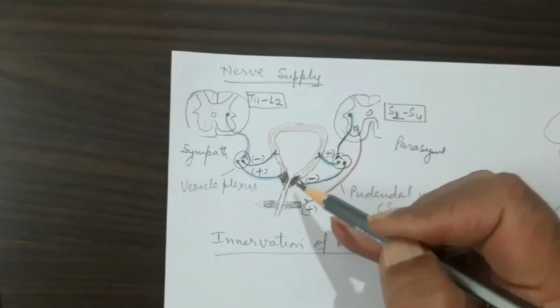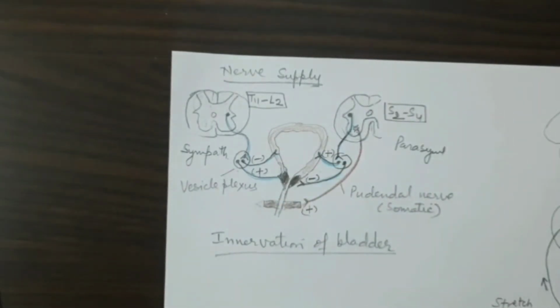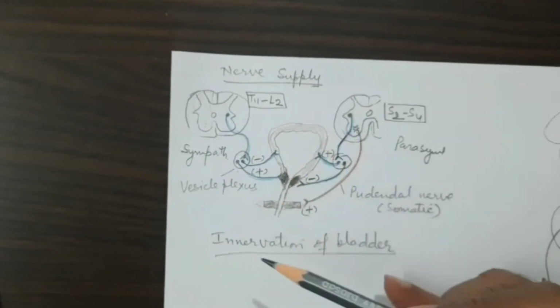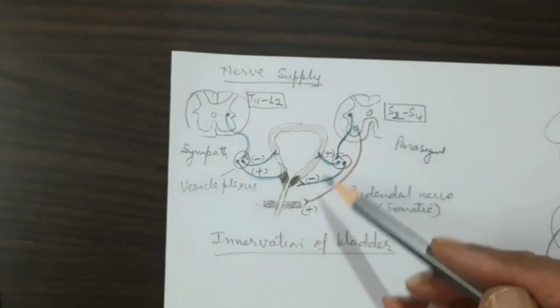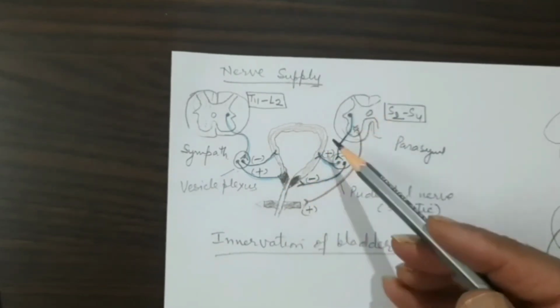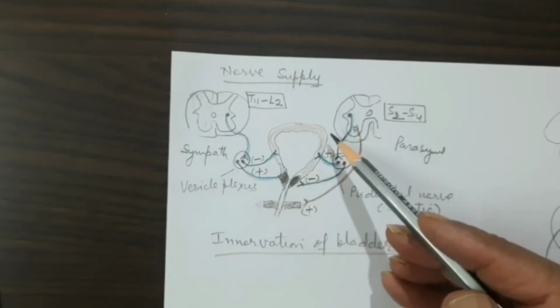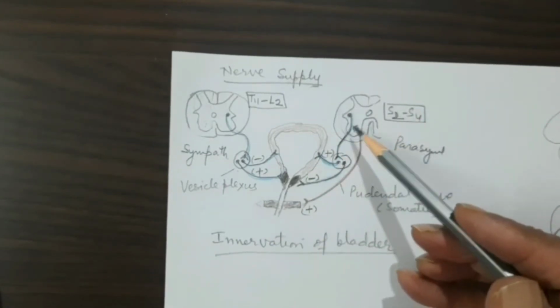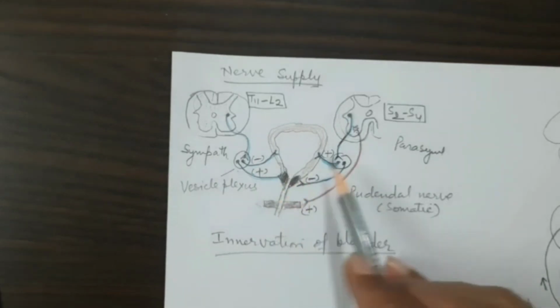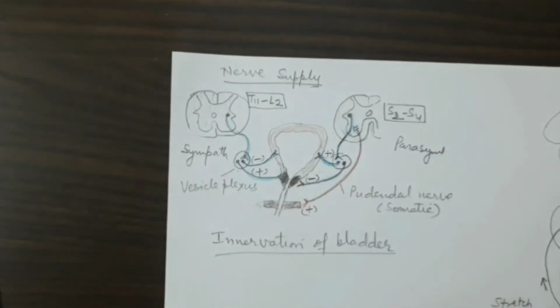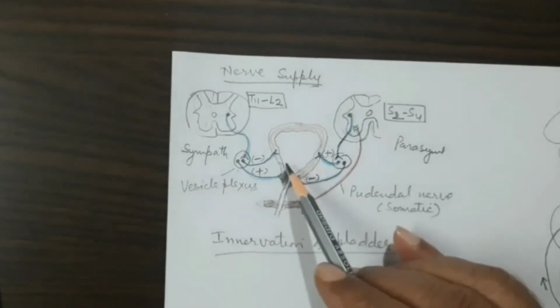So the sympathetic function is to fill the bladder, while the parasympathetic function is to evacuate it. When the bladder is full, signals from the stretch receptors in its wall go to this lower center, and that leads to micturition. This is how the sympathetic and parasympathetic innervate the bladder.